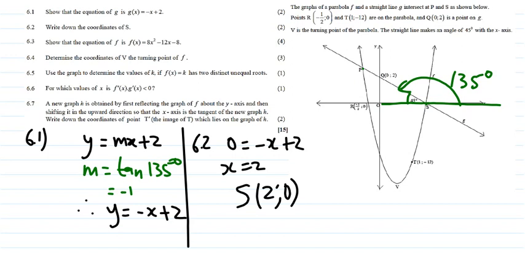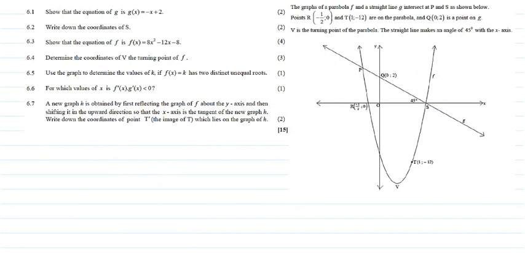And then the key question, show that the equation of f(x) is 8x squared minus 12x minus 8. Now we are fortunate enough here to have the 2 intercepts and a point. If you have 2 intercepts and a point, it is actually easy to find the equation.